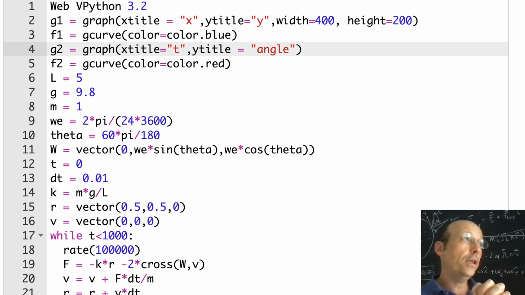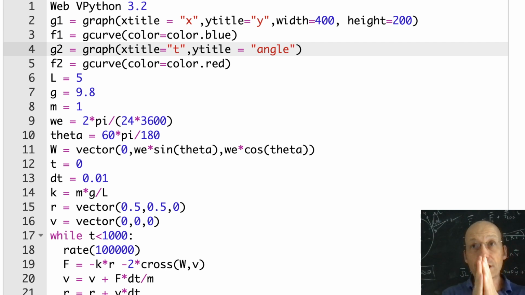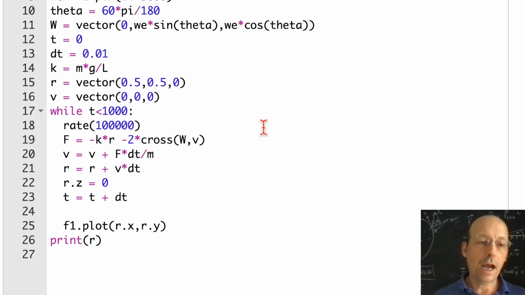Okay, so I'm going to take the mass when it's near the origin. So when r is very small, and I'm only going to plot points there. Otherwise, I'm going to get too many points. Oh, I need a width here. I can't spell it. Height equals 200. Okay, so down here, I'm going to make a graph.